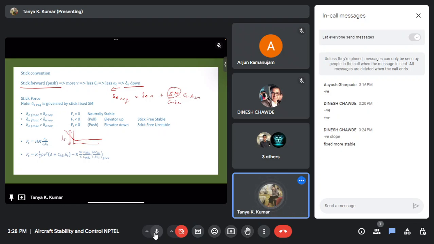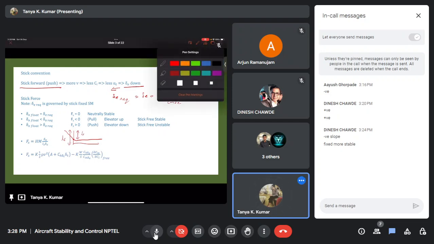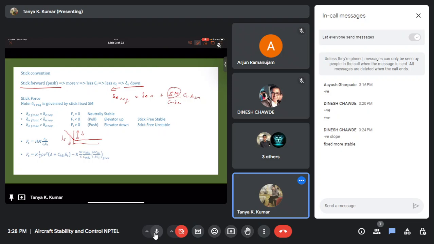That is Ls. Now when I deflect it, there is an angle that's formed here. There's a deflection that's formed here, that is delta S. Alright, so this is Ls and this is delta S.